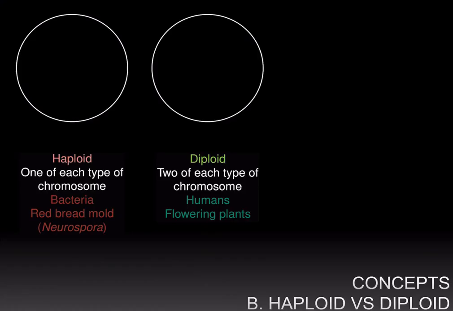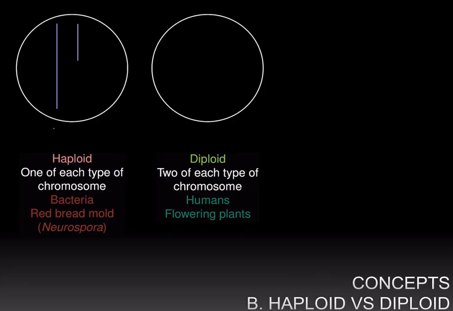What do the terms haploid and diploid mean? Many organisms, such as bacteria, but also life stages in organisms, such as the red bread mold, Neurospora, as well as our gametes, human gametes, have one of each type of chromosome in the cell. For example, you may have a long chromosome and a short chromosome.